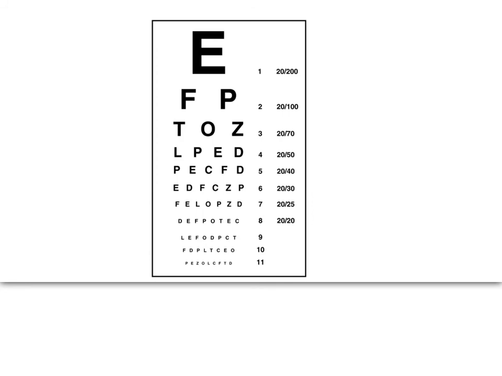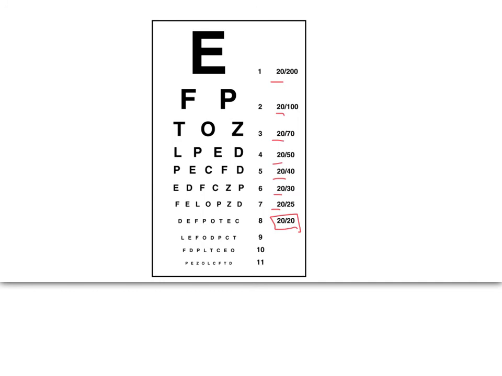So here's the Snellen's eye chart, and just walking through this with you, here's normal vision, that 20/20. And if you look on all of these numbers, on every single one of them, the first number is a 20. Okay, so what that means is that when you're taking this test, you're going to stand 20 feet away. So that doesn't change.